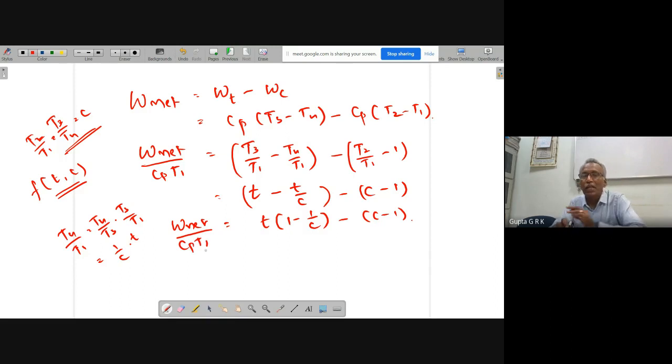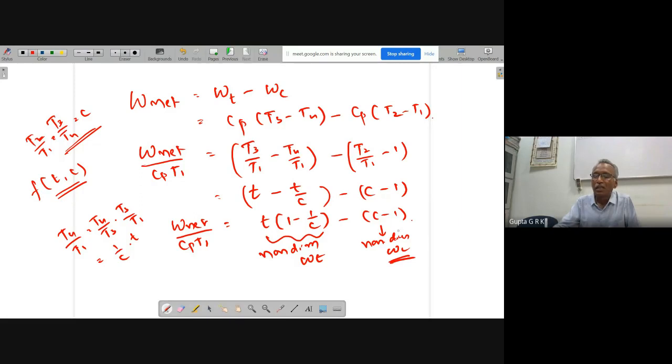Always remember, I use this again. This is the non-dimensional WT, and C minus 1 is the non-dimensional WC. This is turbine work and this is compressor work, and this is net work. Now this is a function of T and C only, right?